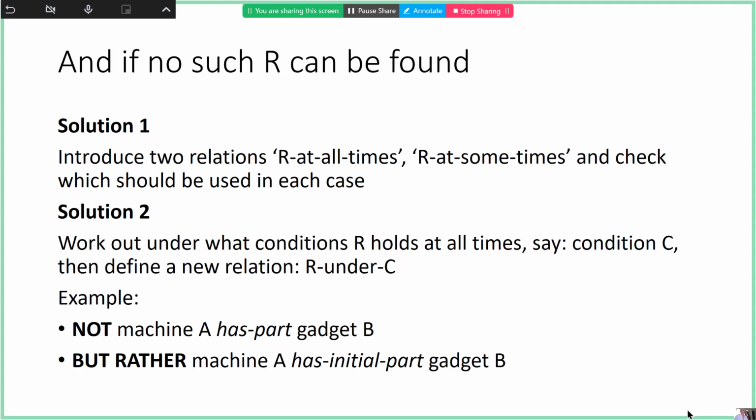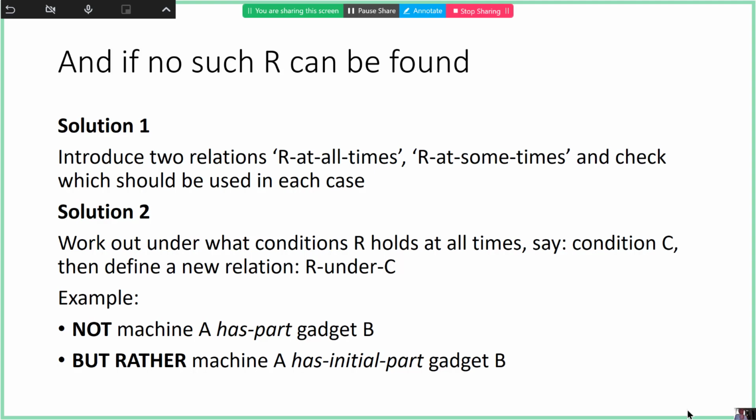So I think one of the things we will be exploring under solution 2 on this screen here is finding ways of capturing those time period conditions and building them into the relations.